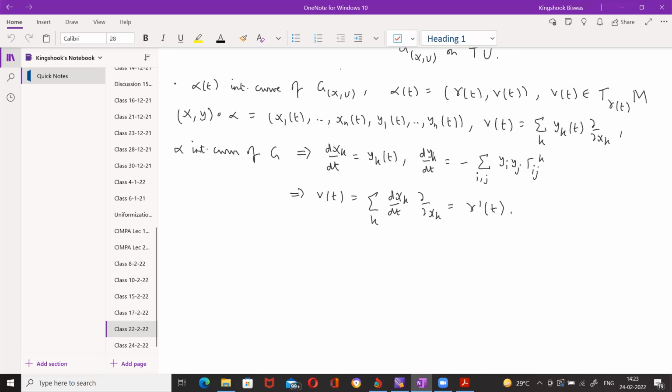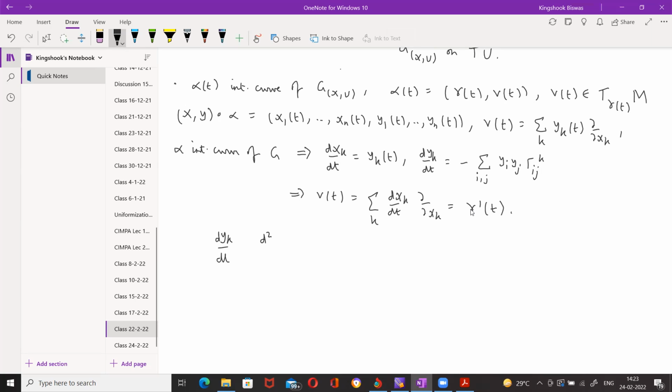And also, what is this equation dyk dt equal to minus sum over ij yi yj gamma ij k? This means that dyk dt will be d squared. So dyk dt, since yk is dxk dt, this will be d squared xk dt squared, right?